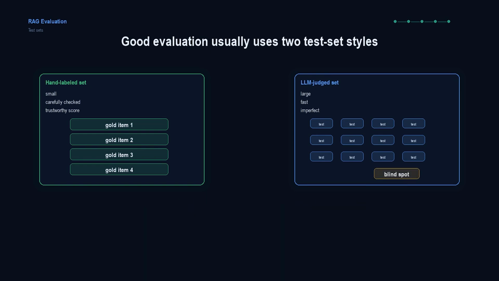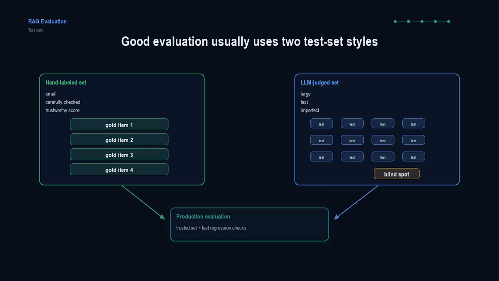So it can rate a subtly wrong answer as acceptable. Most production teams end up doing both: a small, carefully labeled set for trustworthy scoring, and a larger LLM judged set for quick regression checks when something changes.